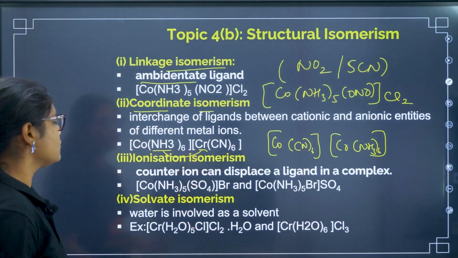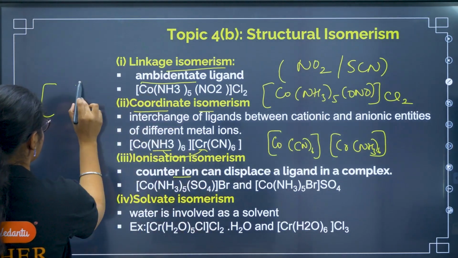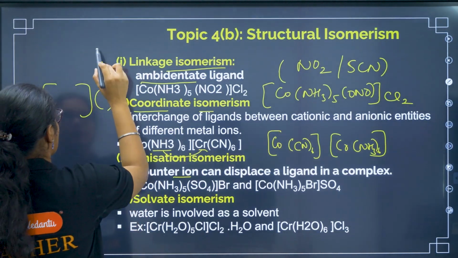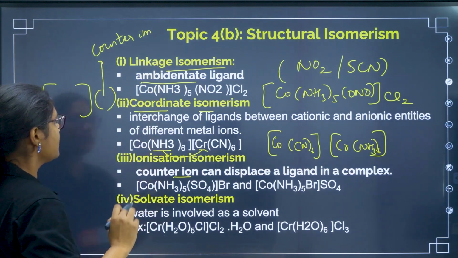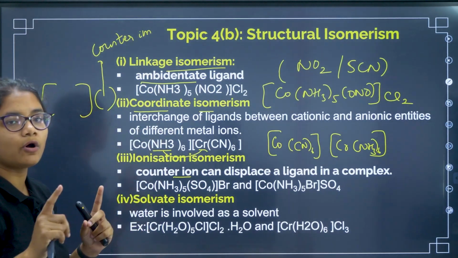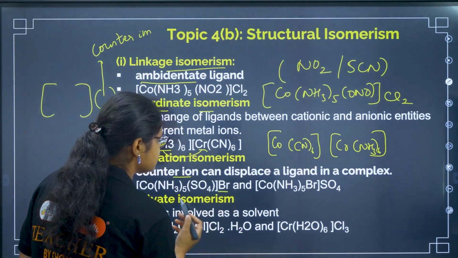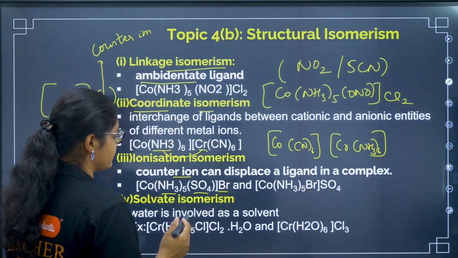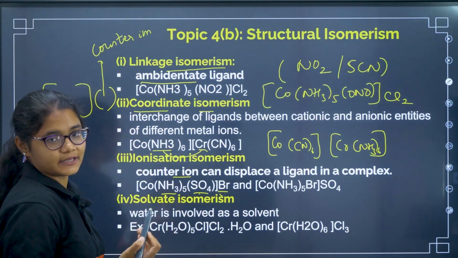Okay. Now let us go to ionization isomers, counter ion. Whenever you have a complex, one ion outside will be present. That is called the counter ion or auxiliary ion. Whenever a counter ion can replace a ligand from the complex, then we call it ionization isomers. So for example, you see Br is outside here, NH3 and sulfate are inside. Now what we have exchanged here is Br is taken inside and sulfate is taken outside.